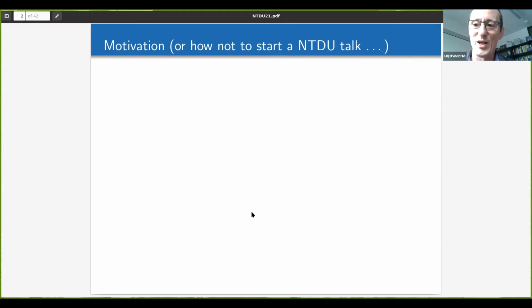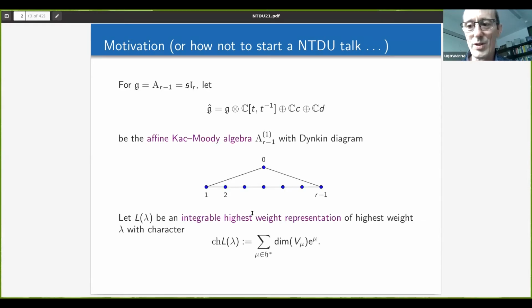So this first motivation is really to just give you an idea where the things that I'm going to look at naturally live and how they naturally occur. But I'm certainly not assuming you'll follow everything that I'll be saying here, but hopefully something will stick. And so the world that I'm going to be looking at is the world of infinite dimensional Lie algebras.